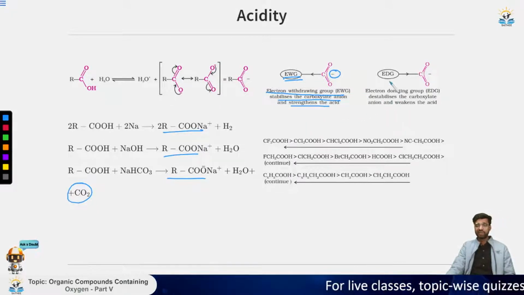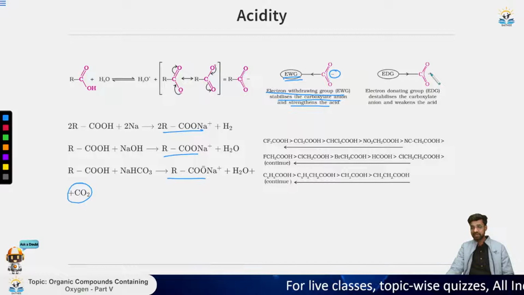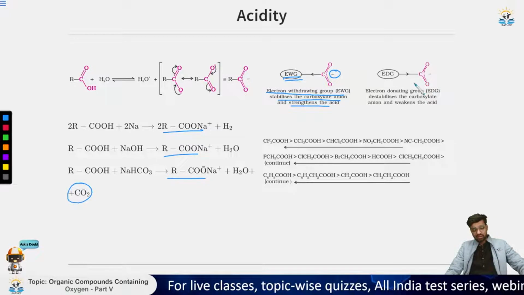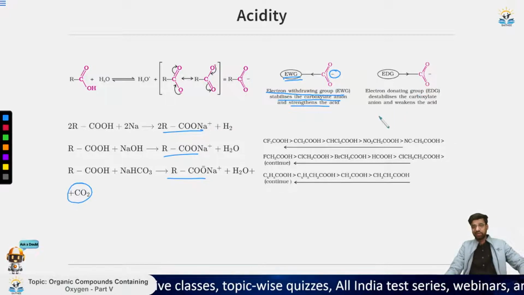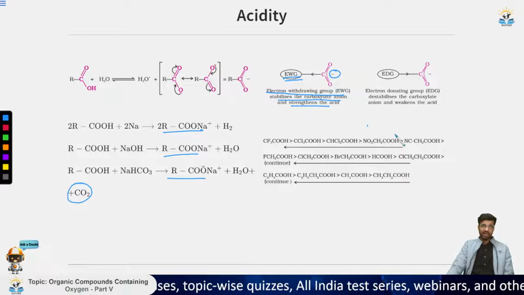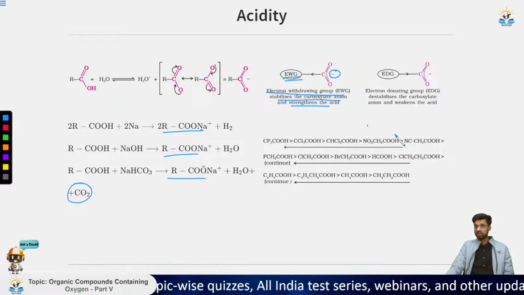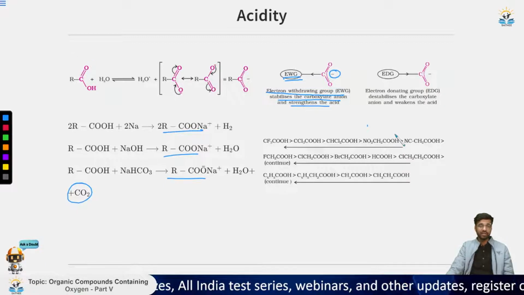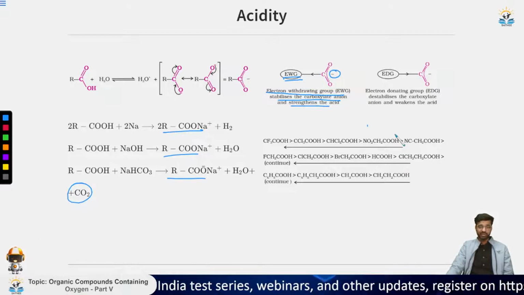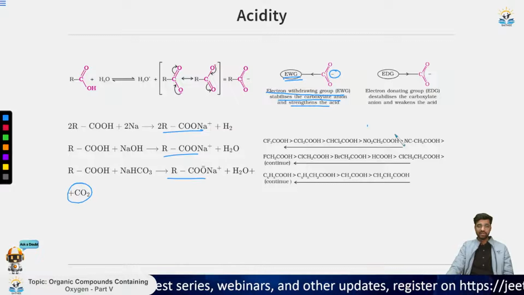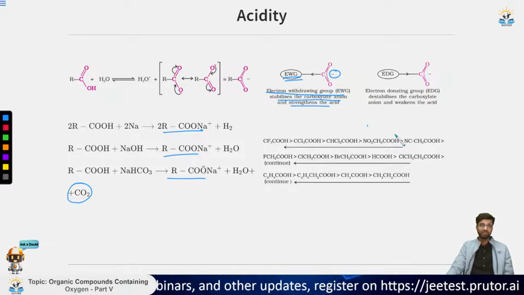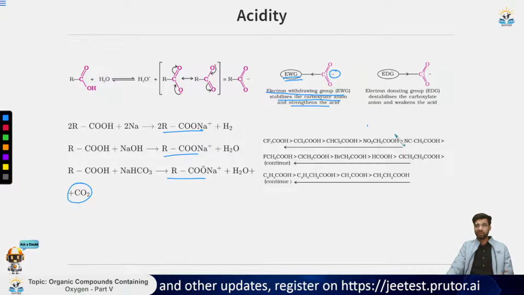Similarly, if you have an electron donating group, it will destabilize it, because the negative charge on the carboxylate ion will be more burdened. In simpler terms, suppose someone is rich and someone is poor. If you want a decent society, the money should be distributed so that there is a perfect balance, and each of you has a comparable amount of money.